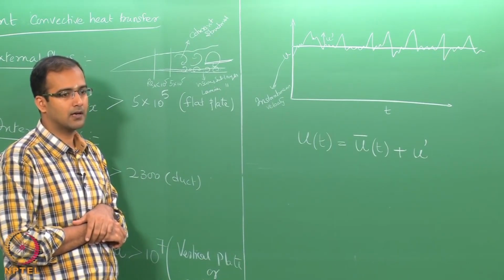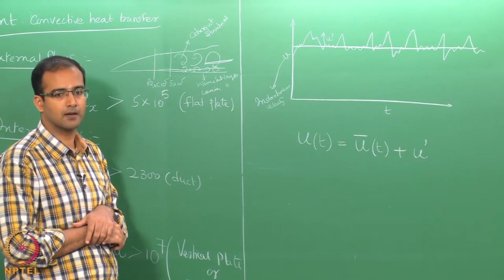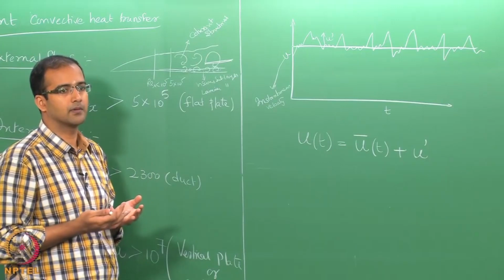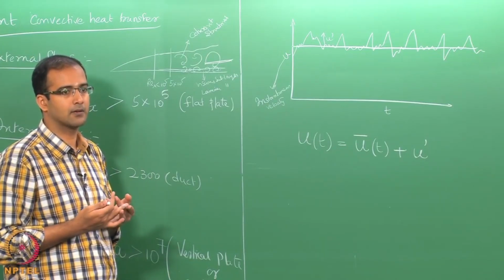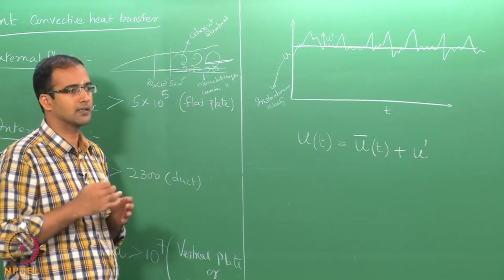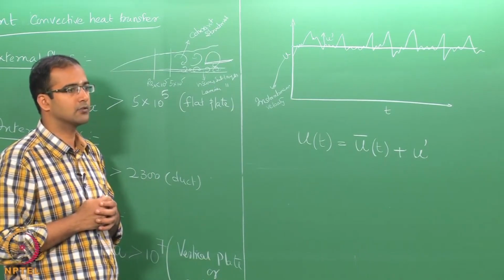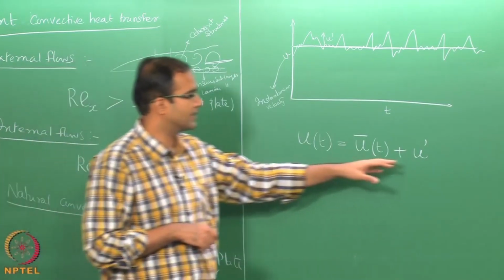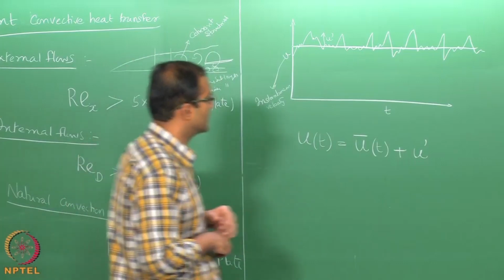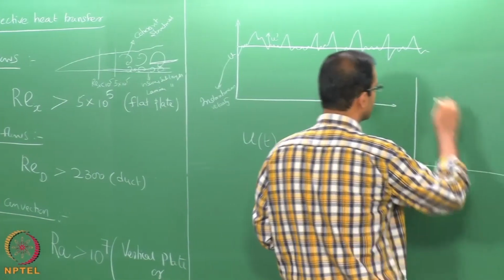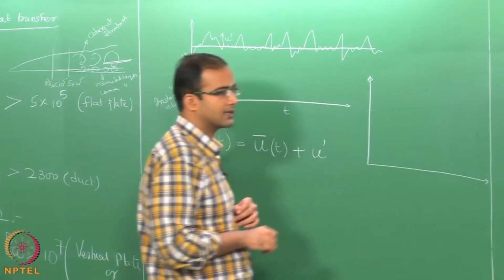Okay. In order to simplify the post processing and also solve the equations, we look at the mean velocity and a fluctuation about this mean, and therefore we assume that the instantaneous velocity is equal to the sum of the mean and the fluctuation. Now, this mean velocity also can be a function of time depending on the kind of filter that you apply.